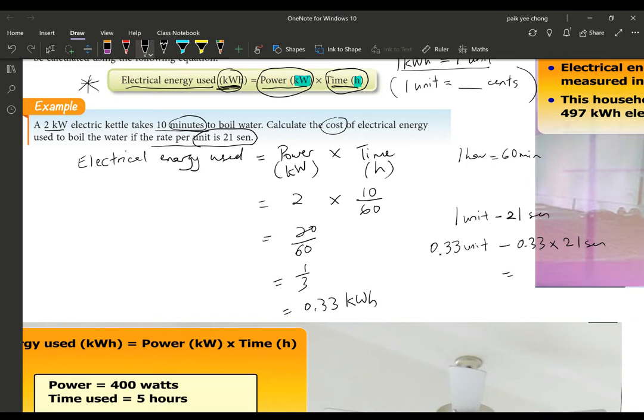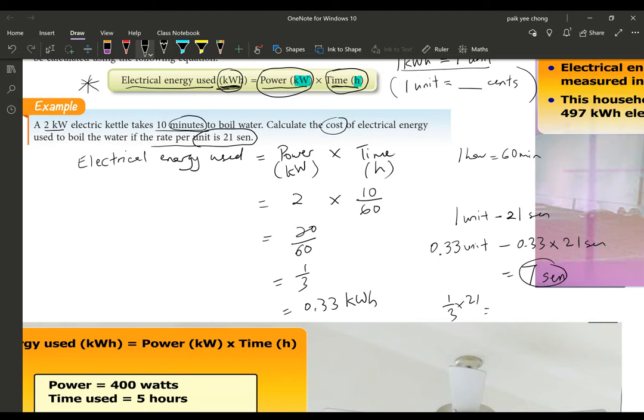So you can use a calculator, 0.33 times 21, and you will get about 7 cents. Because 0.33 is actually 1 over 3, and 1 over 3 times 21 is actually 7.